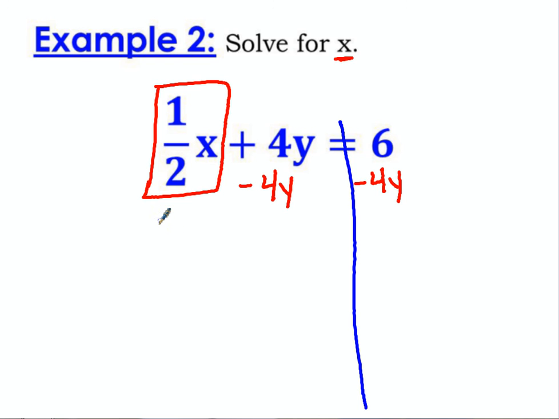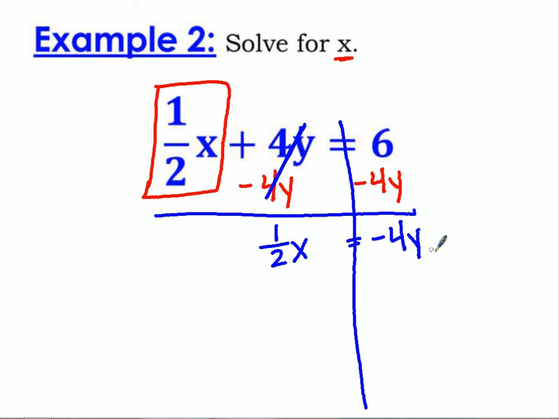When I do, I end up with a 1/2 x only on this side, because that goes to 0. On this side I have a -4y and a +6 that are not like terms. Since these are not like terms, I am going to just write them next to each other again. So this is a -4y and a +6. And that's all I can do over here so far.